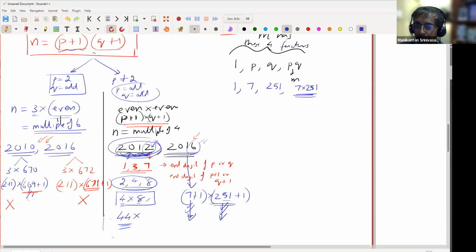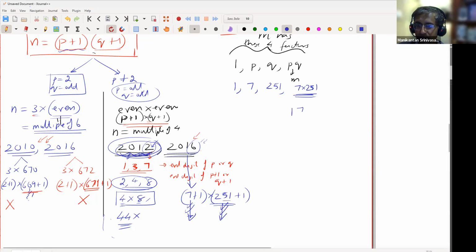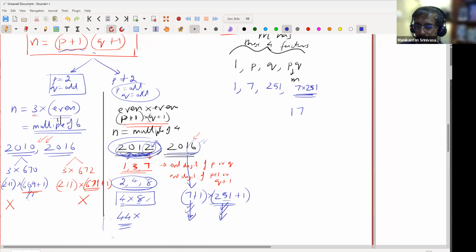I don't need to know what that number is. 25 times 7 is 175, so 1750 plus 7 is 1757. So 1757 is a number which has exactly 4 divisors: 1, 7, 251, and 1757.